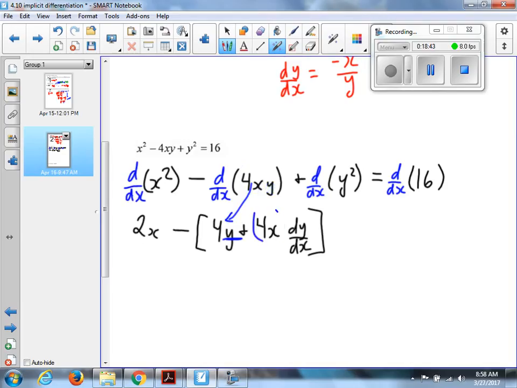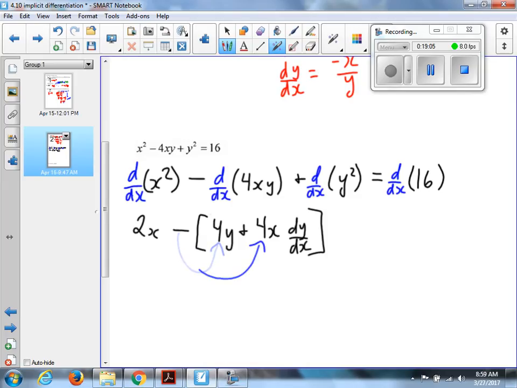The 4x is left alone. The derivative of y, when you're talking with respect to x, is a mismatch, so dy by dx, 1. Now, do you see the potential error? I don't care if it's square or round, but now you've got to distribute the minus sign. If you don't have that bracket, high probability that I'll see that error.